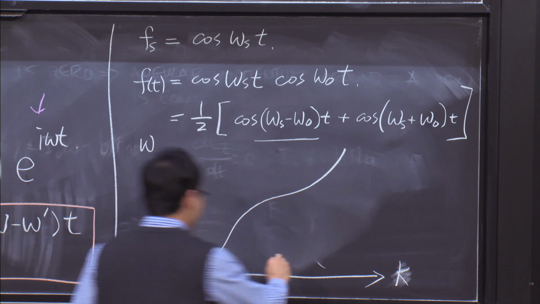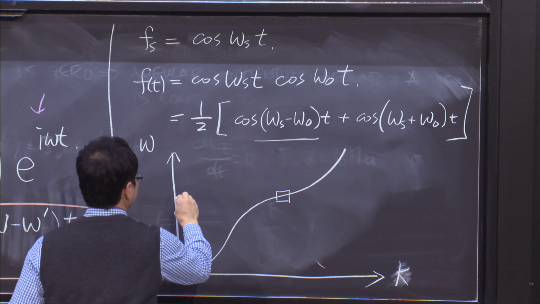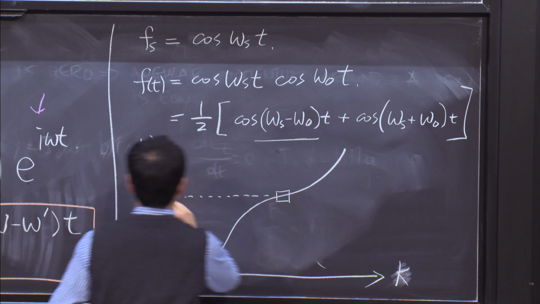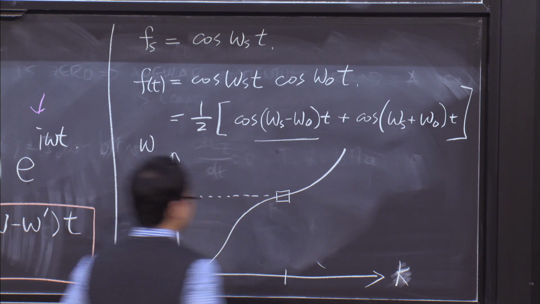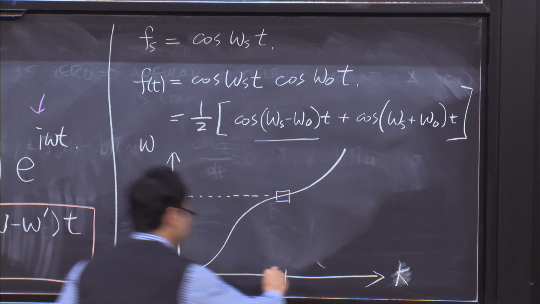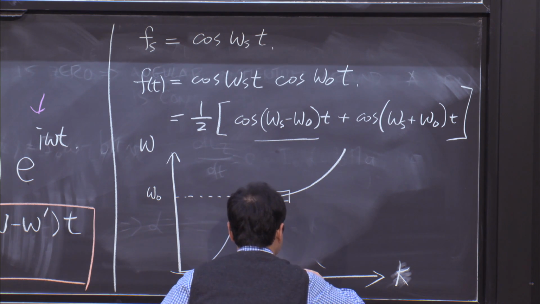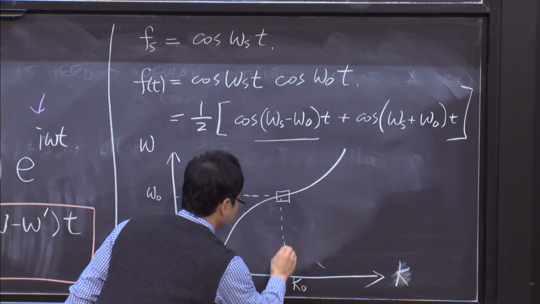And if I set my carrier oscillation frequency to be omega 0, that will give you a corresponding wave number, which is k0. Okay, I hope you can see it. All right, that's the corresponding k0.